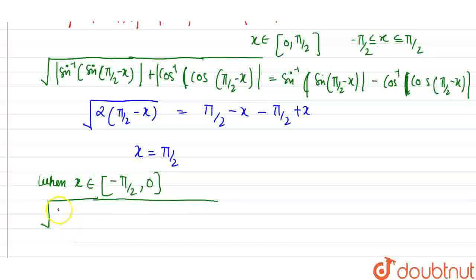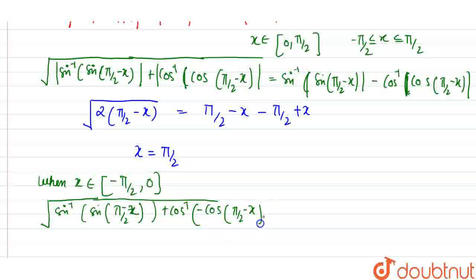So now it is sine inverse of sine pi by 2 minus x, similarly plus cos inverse of minus cos pi by 2 minus x, correct students?